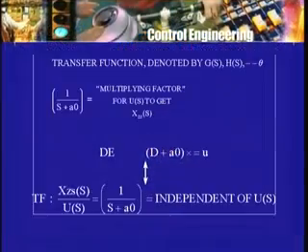Now that definition is not quite correct for several reasons. First of all, it is not the Laplace transform of the response that I am looking at. I am looking at a part of it which does not involve the initial conditions, but which only involves the input. So this is not the whole response. There is the other part which involves the initial conditions, and the initial conditions may not be 0 in a particular situation.